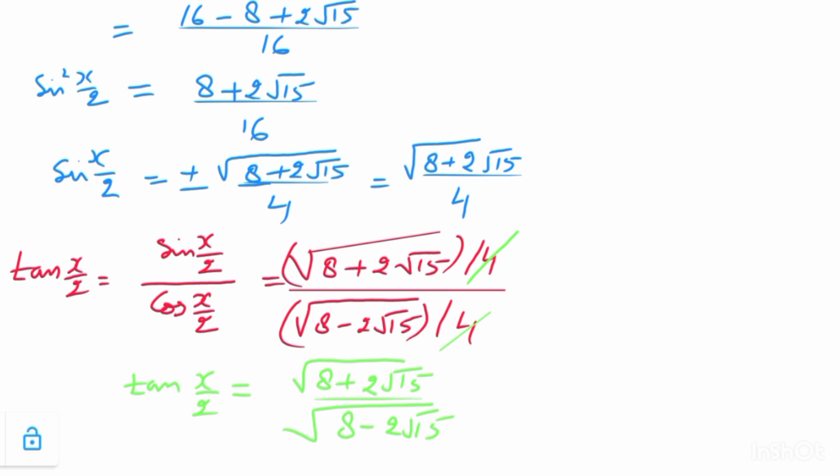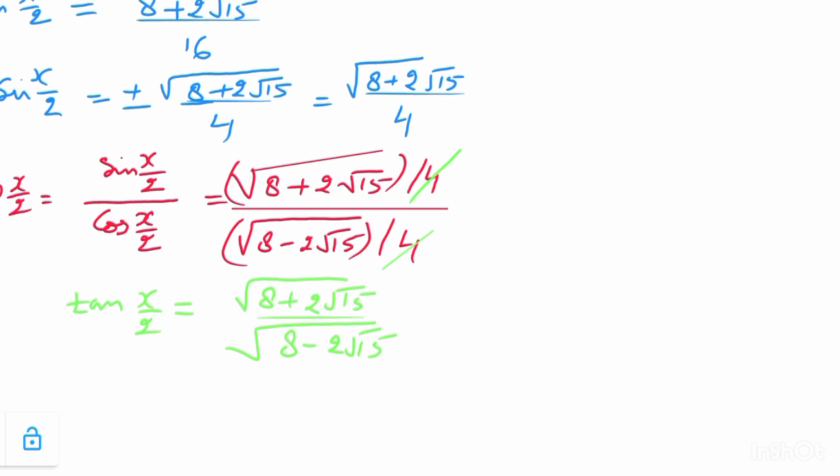Now if we rationalize this, we multiply by square root of 8 plus 2 square root of 15 divided by square root of 8 plus 2 root 15.